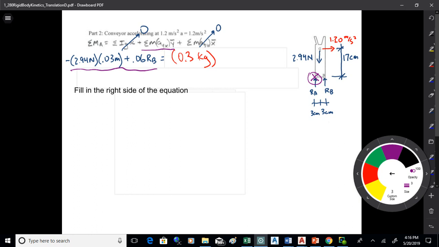Let's get the rest of that filled in. So get the acceleration in there and the moment arm. Keep in mind you got an x acceleration, so think about that with the moment arm.